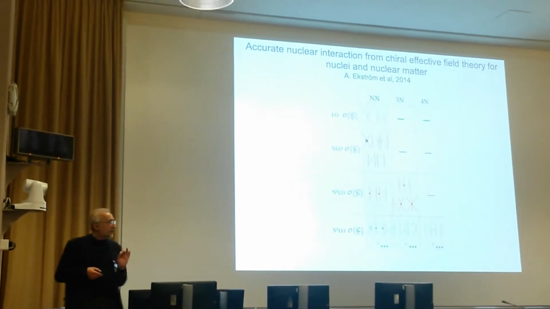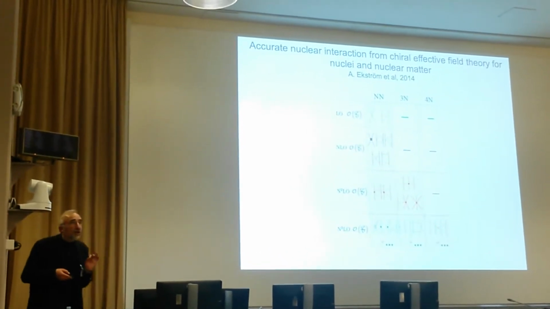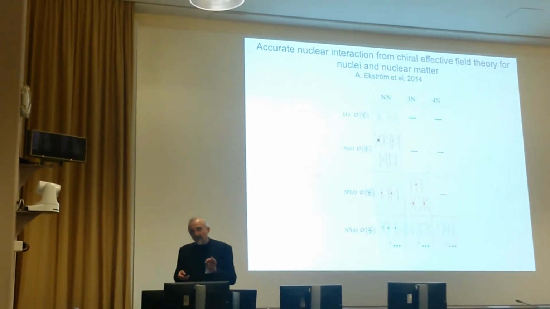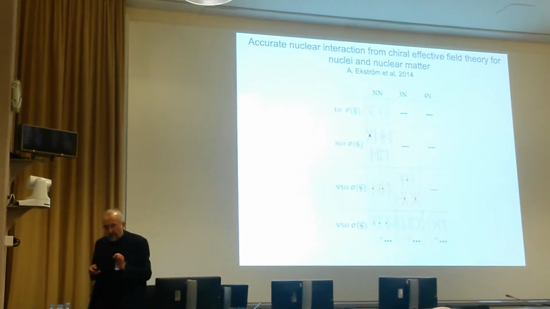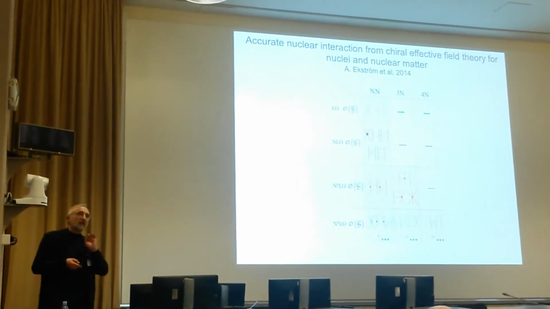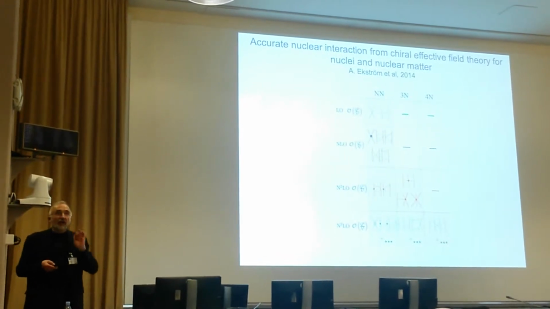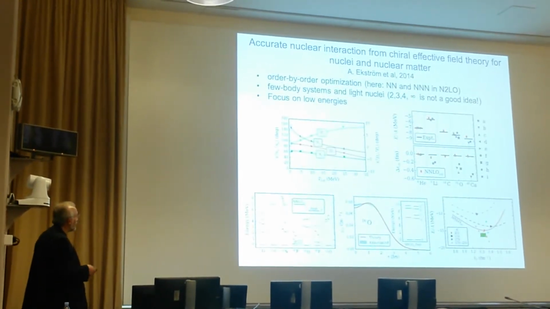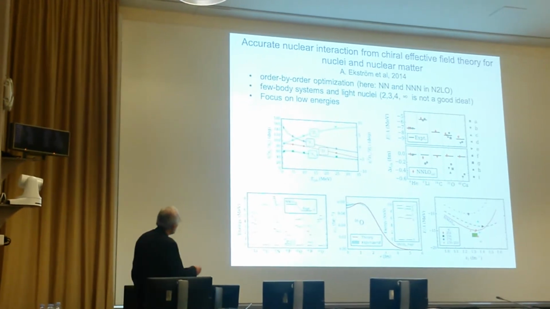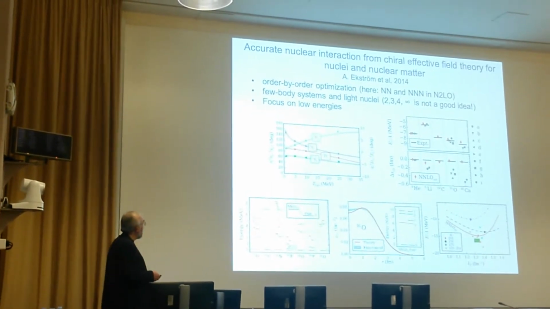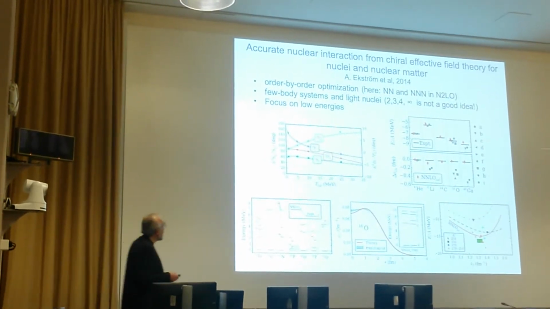The interaction was adjusted to phase shifts, few body data like deuteron, triton, alpha particle, and also radii of oxygen and carbon. With the coupled cluster approach, one could actually do it. And these are the results. This is the agreement with phase shifts up to 35 MeV for the NN scattering.